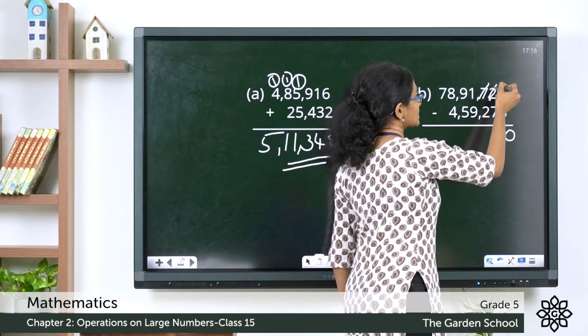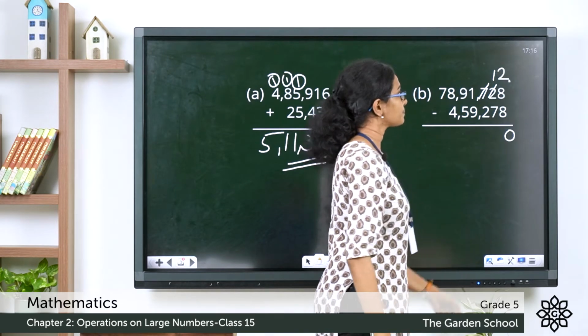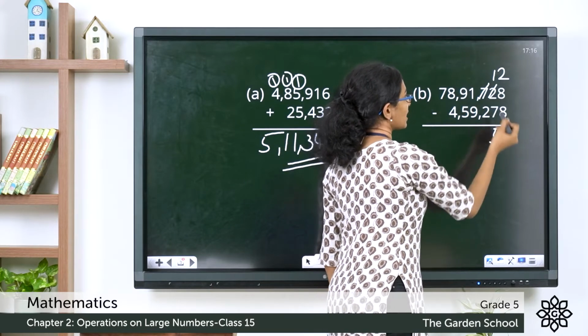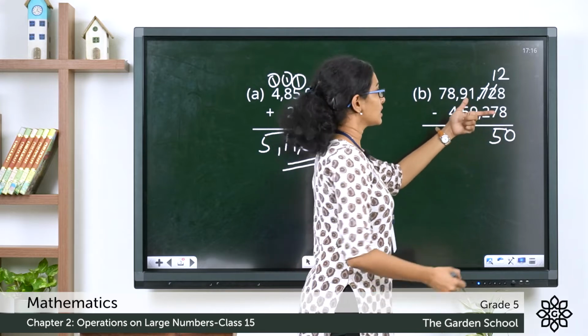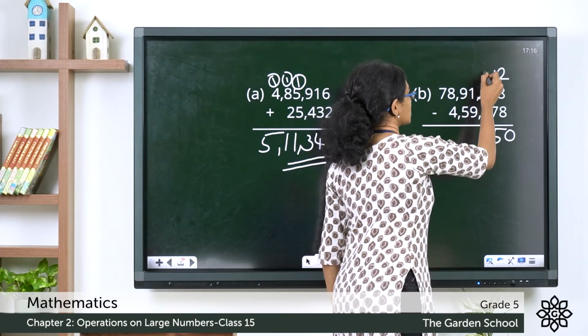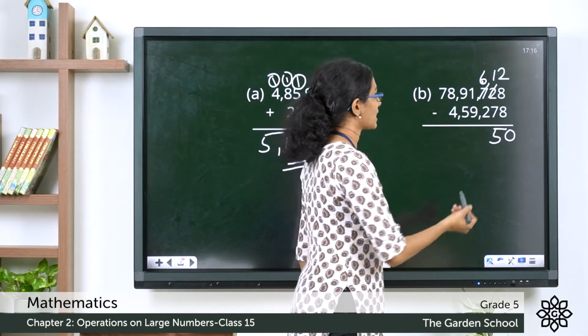So that 10 tens plus this 2 is 10 plus 2, 12 tens here. Then 12 minus 7, it is 5. Now in the hundreds place, since we gave 100 to the tens place, instead of 7, we have 7 minus 1, 6, or 700 minus 100, 6 hundreds in the hundreds place.